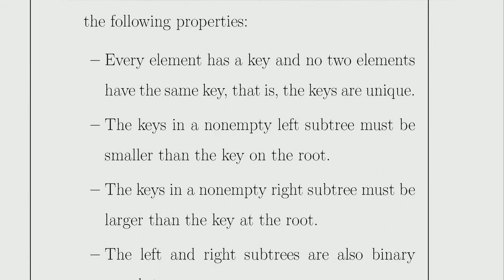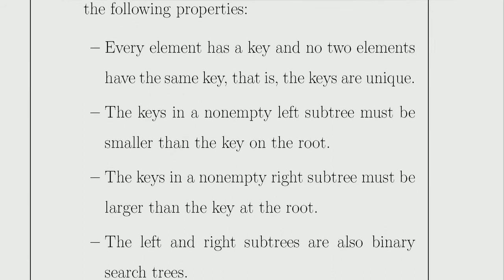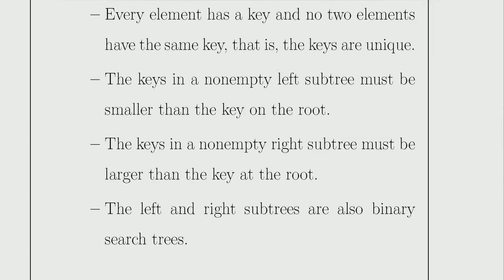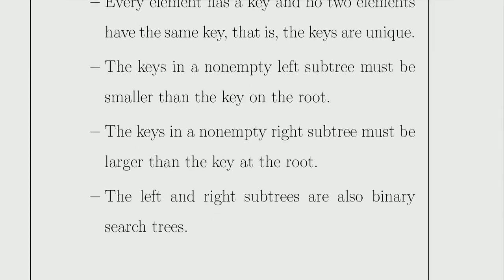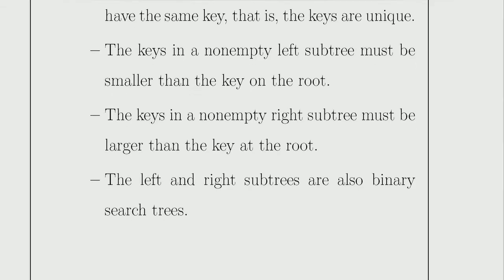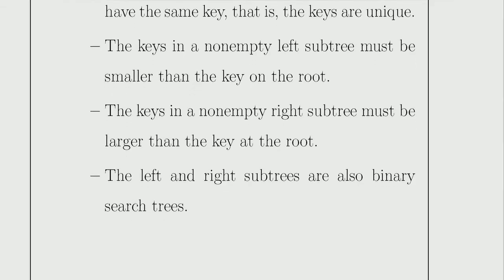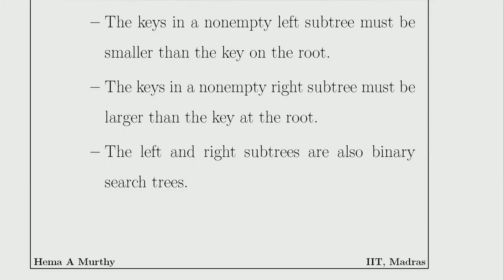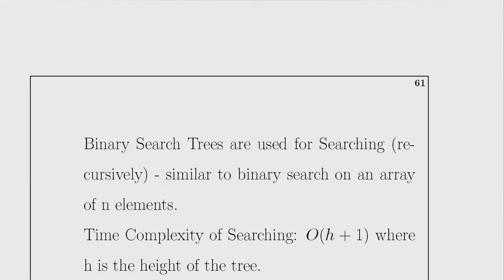And there is another property: the keys in a non-empty left subtree must be smaller than the key at the root. The key in a non-empty right subtree must be larger than the key at the root. The left and right subtrees are also binary search trees.